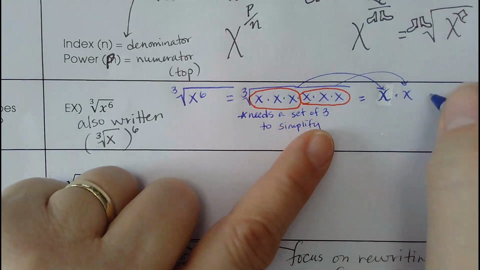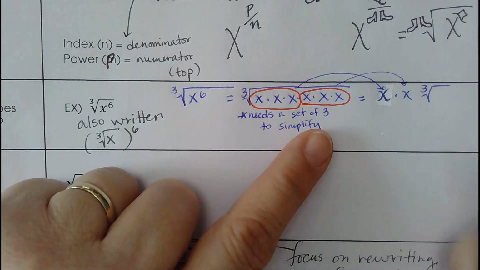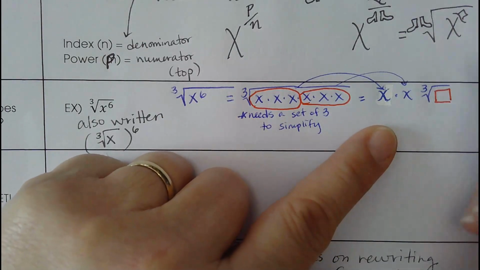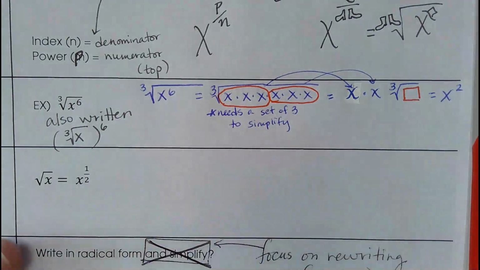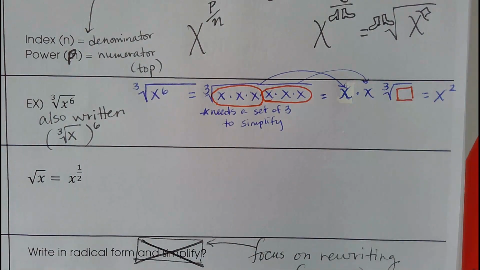And those are now outside of this cube root, and this is blank. There's nothing left in here, right? Another way to write this then that would be equivalent is that this is x squared. So this is the logic of the explanation, how we were simplifying things with the last unit that we studied.